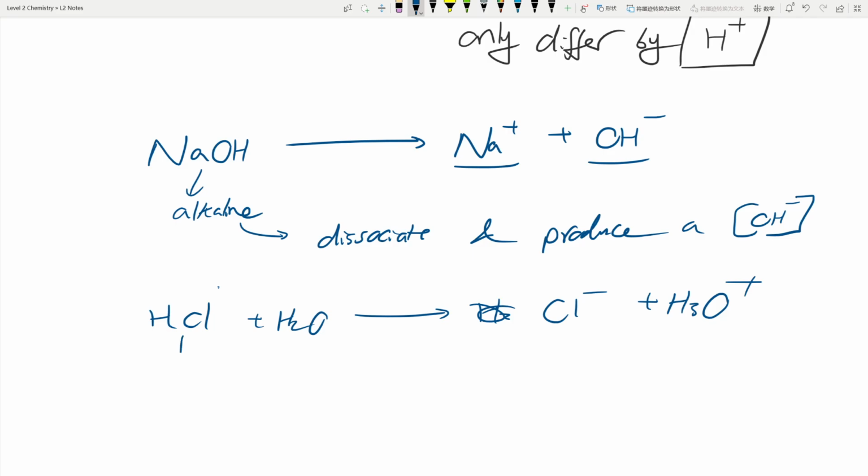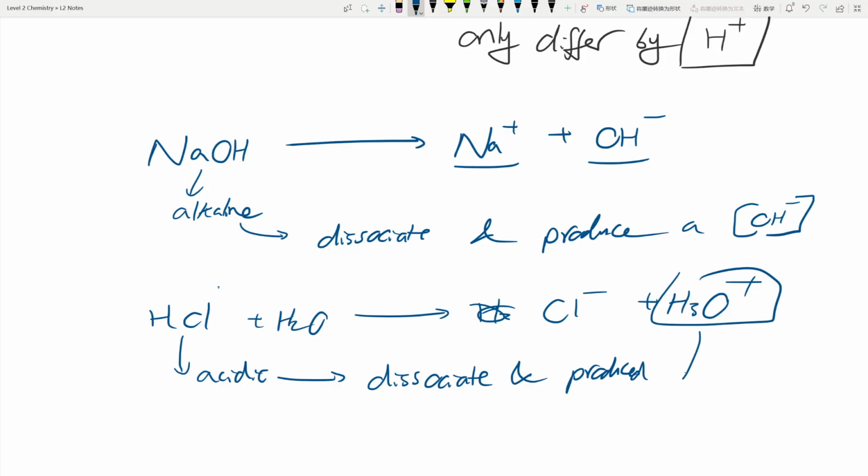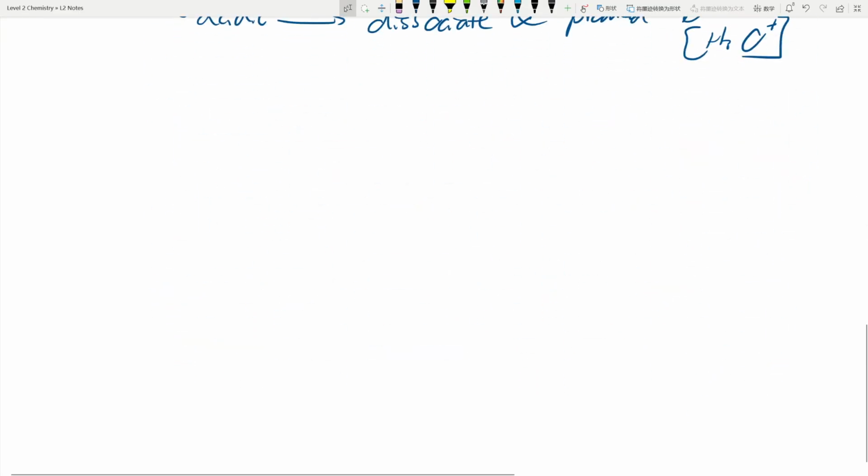So HCl is acidic. Why is that? Because of the dissociation, and then you produced a high concentration of H3O plus. So when you have something that's acidic, this is the same as last year, year 11.